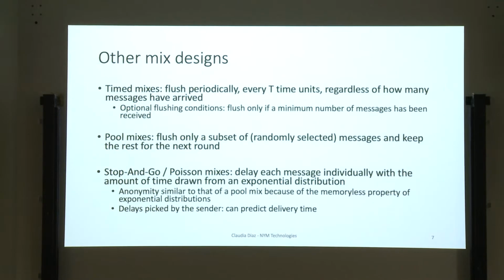These mixes provide the same kind of anonymity as pool mixes because of the memoryless property of the exponential distribution, which means that if you have n messages that came into the mix, no matter at which times they came in, when you see one going out, all of the messages in the mix are equally likely to be the one coming out first, independently of the order of arrival, okay?